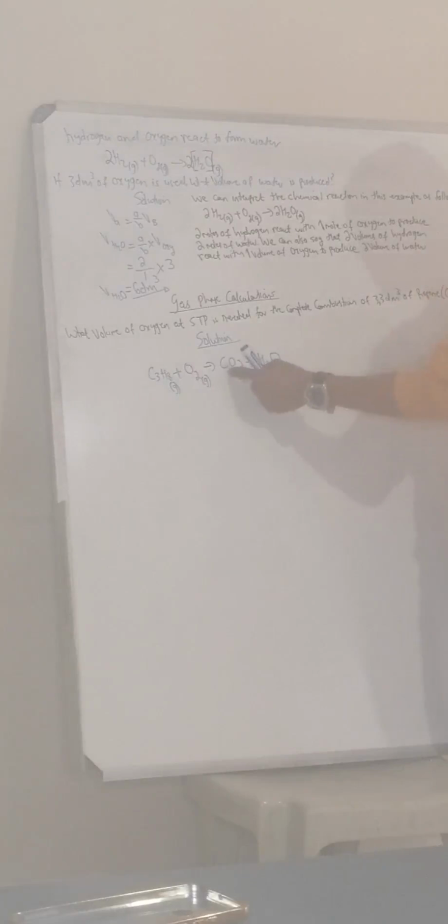How do we balance this reaction? C3H8 burns in the presence of oxygen to produce carbon dioxide plus water. Carbon is 3 on the left, so we put 3 in front of carbon dioxide, and carbon is balanced.